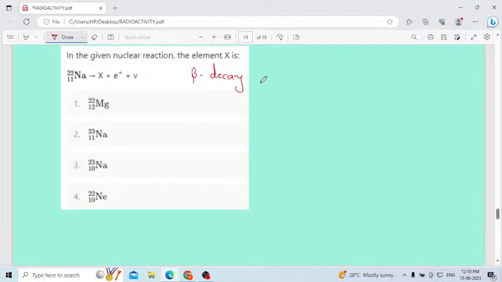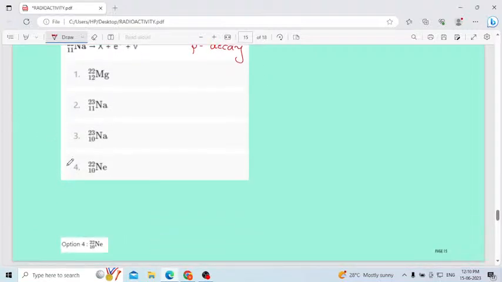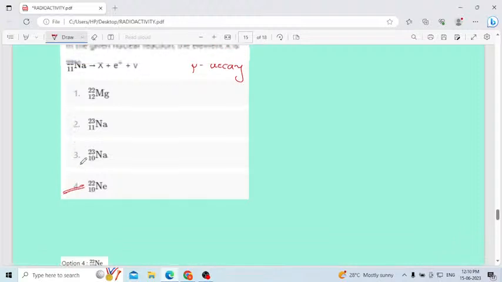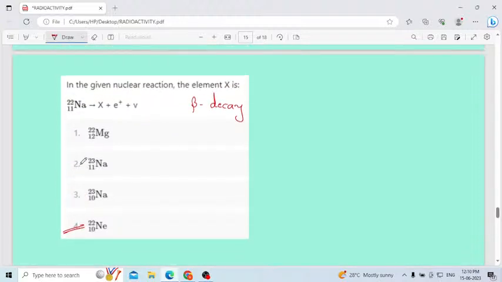Then here, this is neon 10, 22. Yes, here you will get one positron. E plus is a positron. This one, the nu, indicates a neutrino; if I write it like this with a bar, it is an anti-neutrino. E plus is nothing but a positron, and it contains a positive charge.